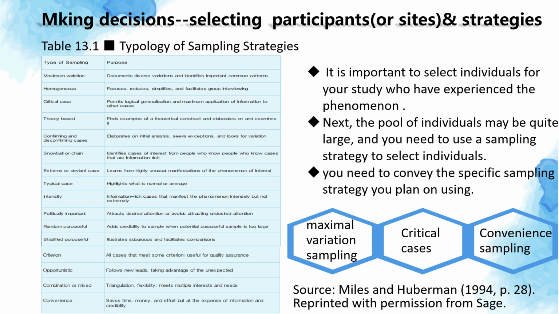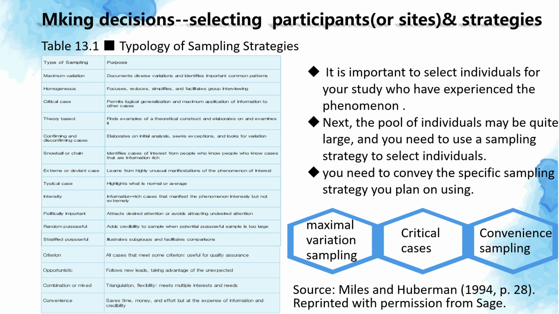These options in Table 13.1 have been identified and presented with their overall purposes. For example, as you see from the table, maximal variation sampling consists of determining in advance some criterion that differentiates the participants and then selecting sites or participants that are quite different on that criterion.